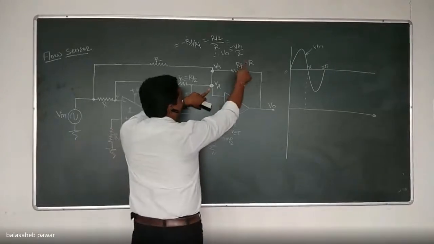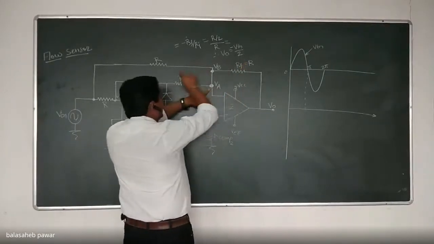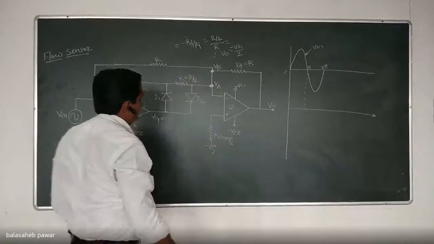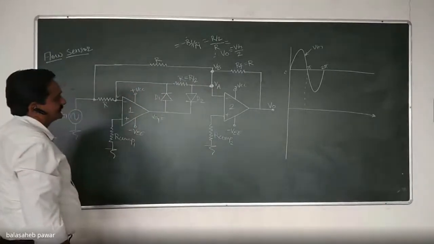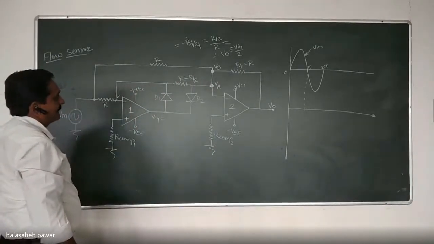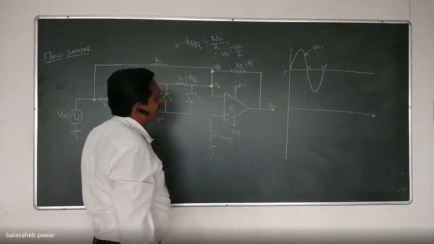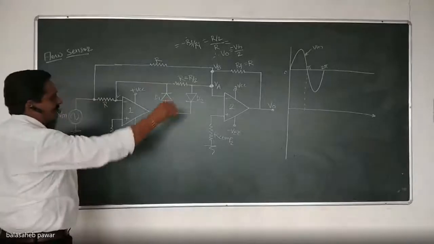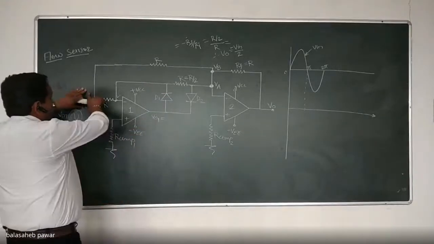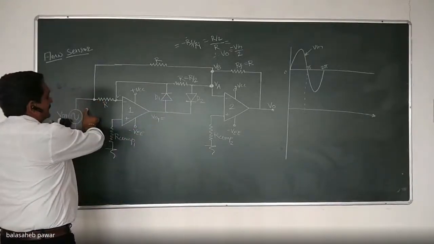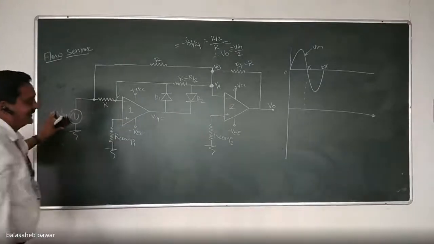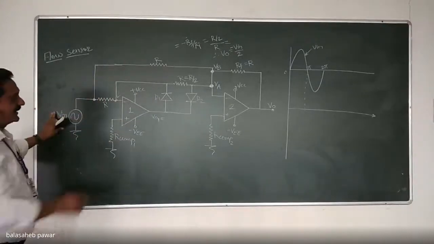Again, its gain, that is minus RF by input resistance. Yes or no? Yes, sir. So how much will it be? And later on, you have to consider the other input that is directly coming from the input signal source. This one, Vin, is the positive half cycle as it is.